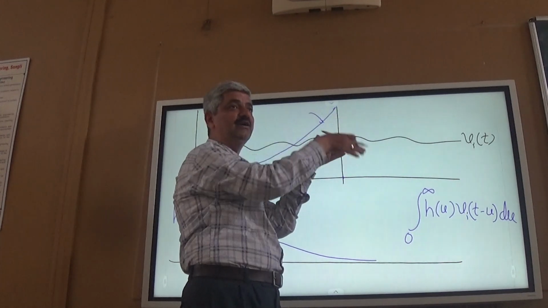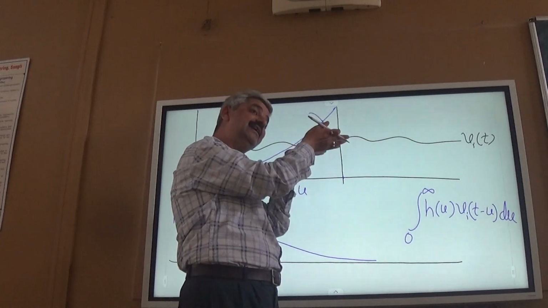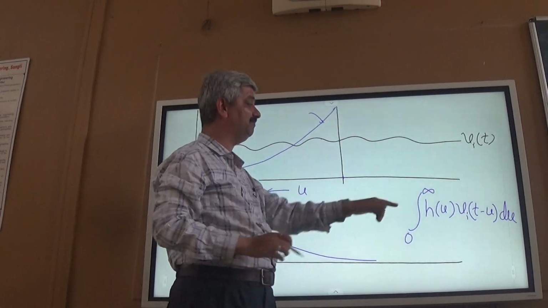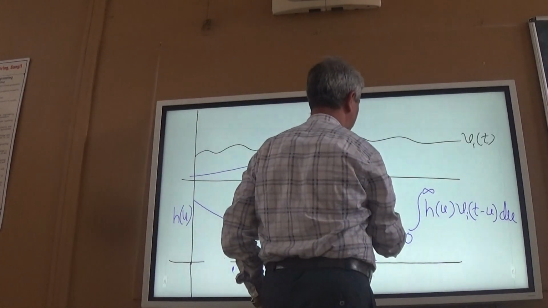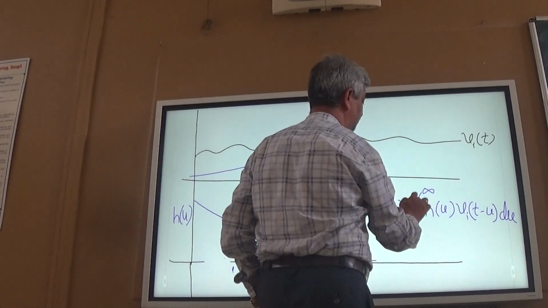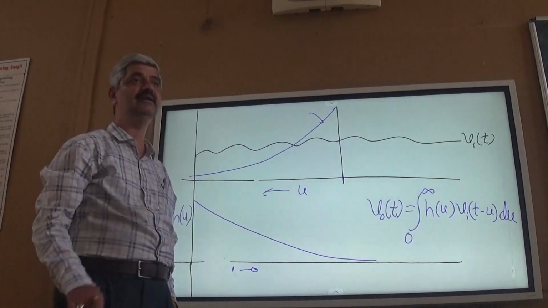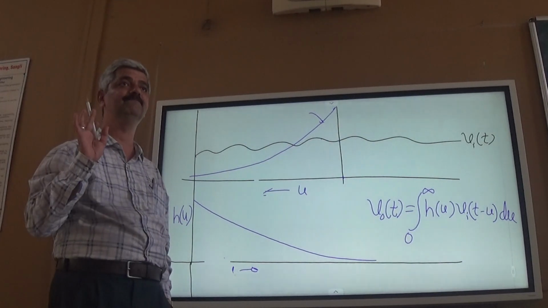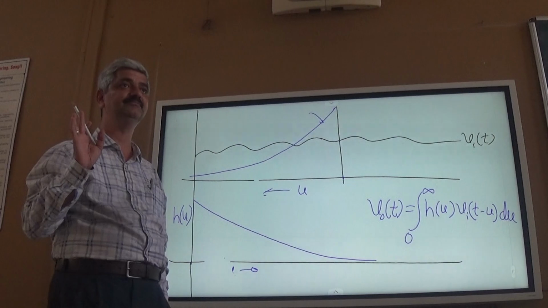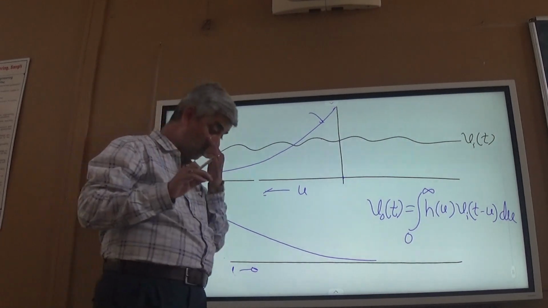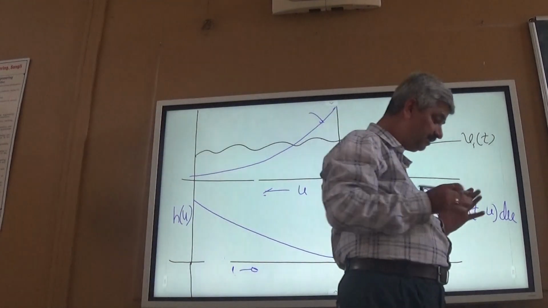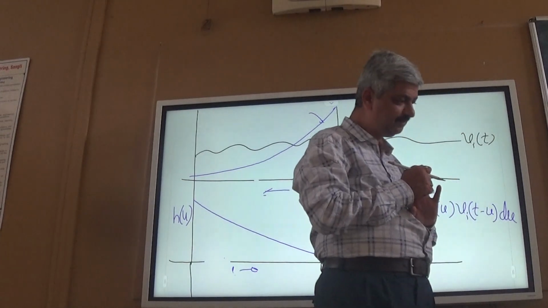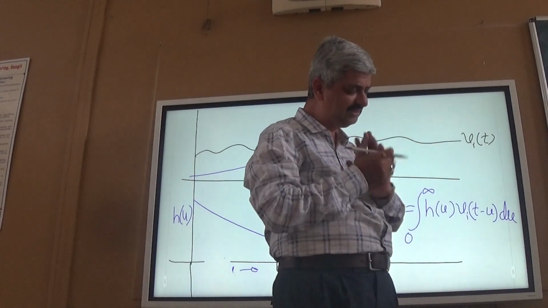At a given point, the overlapped curves multiply each other and the area under the multiplied curve represents V_out(t). Is the idea clear? So now, a very interesting thing.